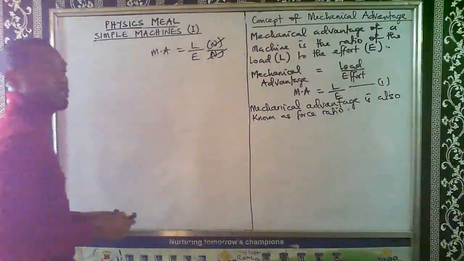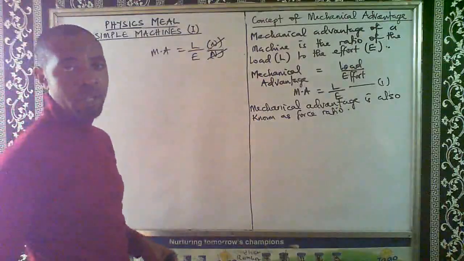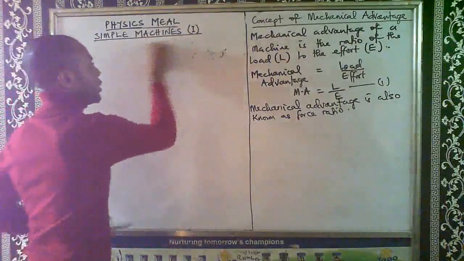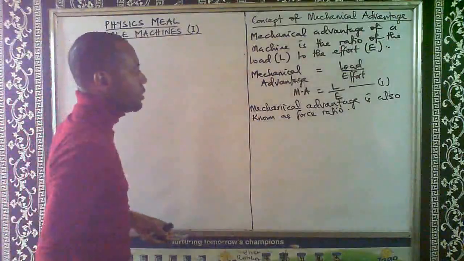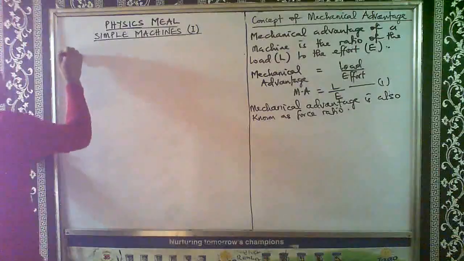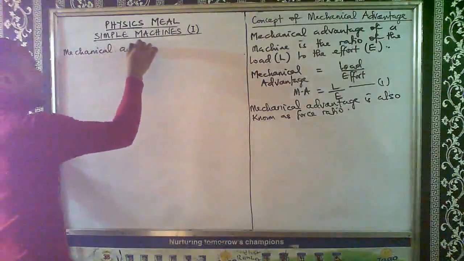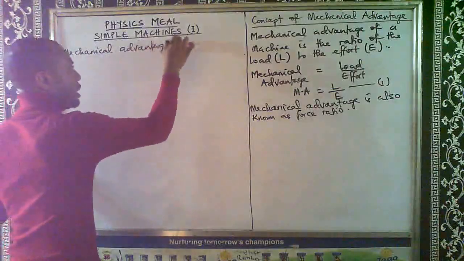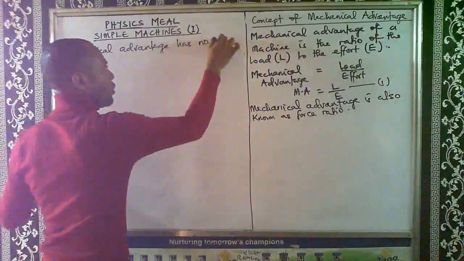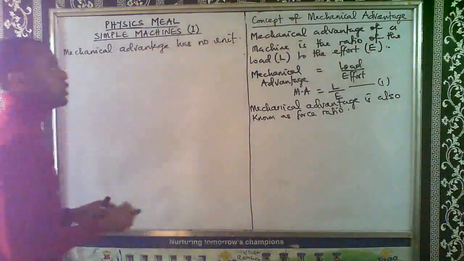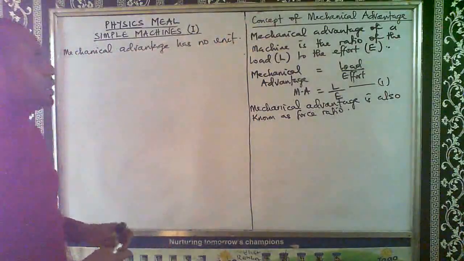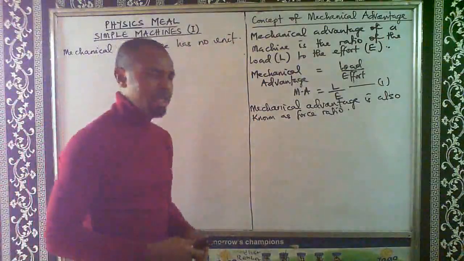So it cancels out. So we don't have a unit for mechanical advantage. It's dimensionless. So I can write it down anyway: mechanical advantage has no unit. We have seen that. Okay.